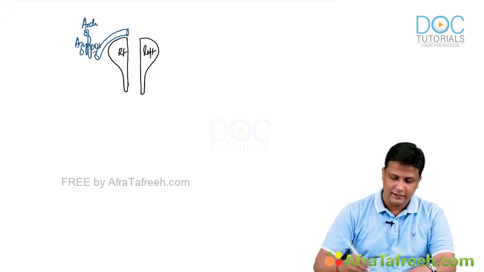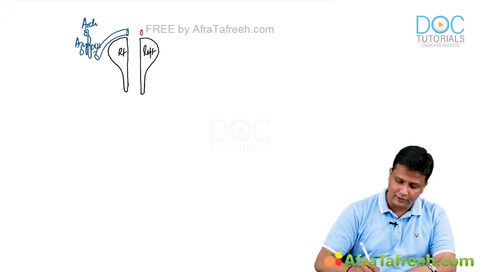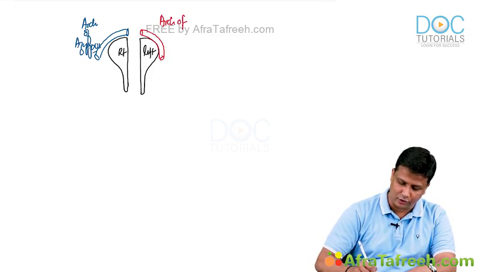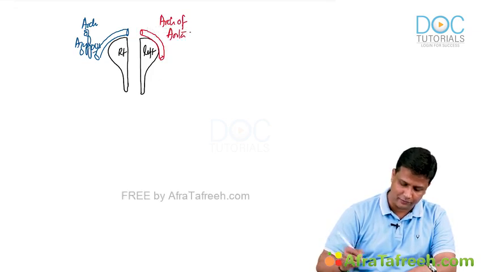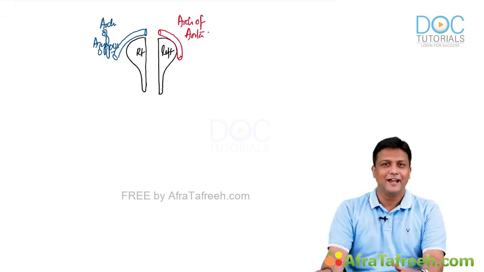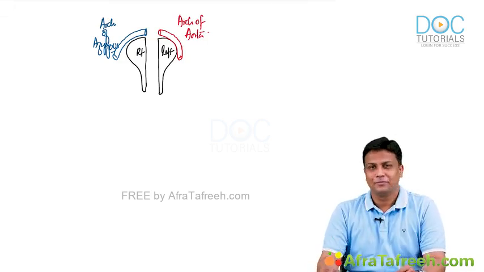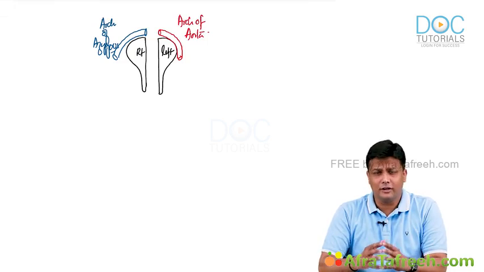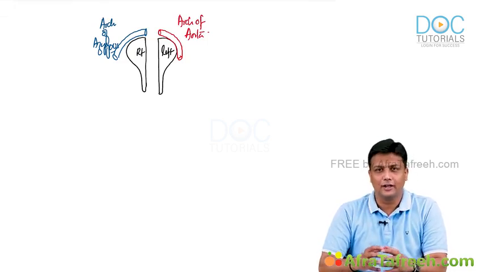Similarly, above the root of the left lung you will be able to appreciate one more arch over here, and that will be arch of aorta. A small thing but very much important, has been tested in the exam, guys. And by this we finish everything regarding the root of the lung in a very conceptual manner. Thank you. Done.